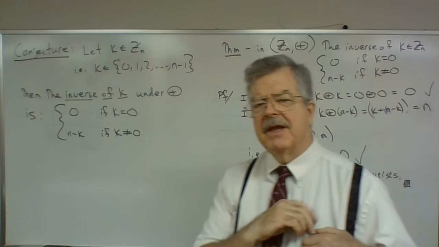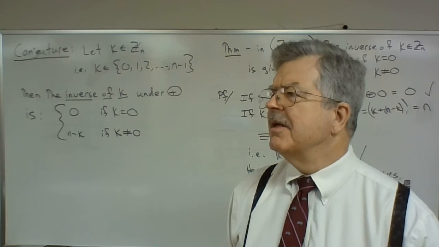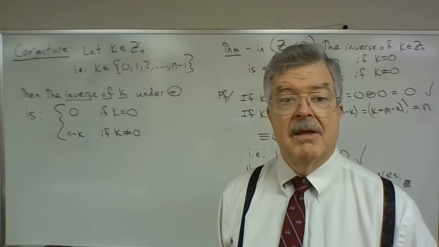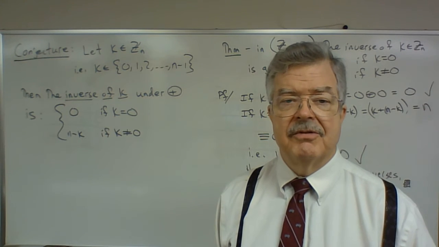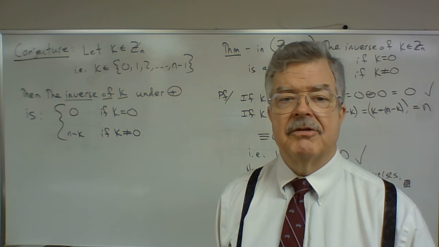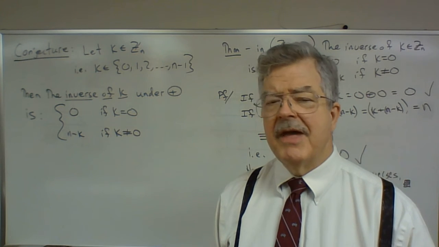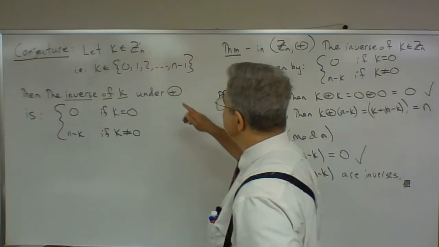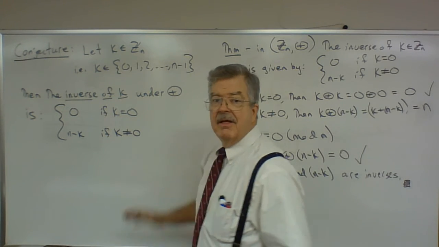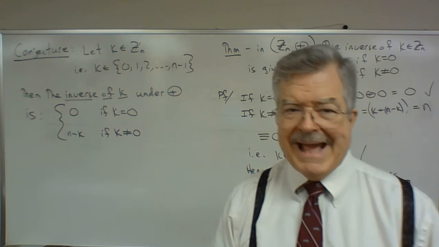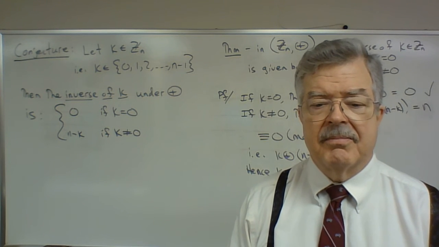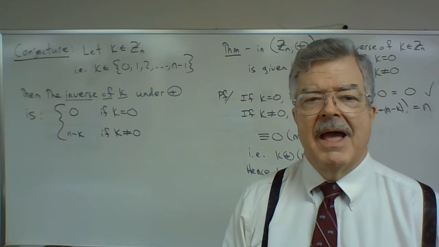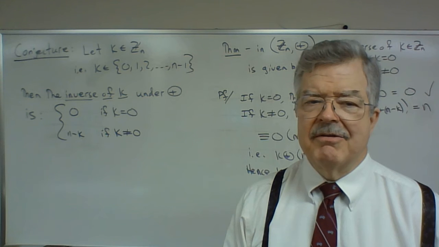But now there's something else that I'd like to talk about now that we've seen a little bit about addition modulo n and groups of Z sub n under addition modulo n. And that's the notation, because clearly when we're using addition modulo n, it's an additive operation. So we're going to talk about how we denote additive operations.